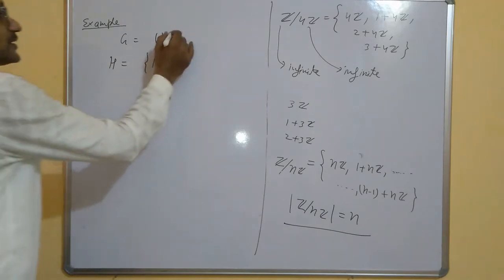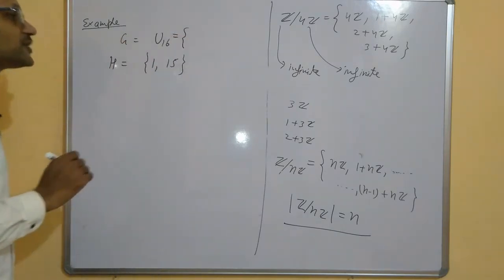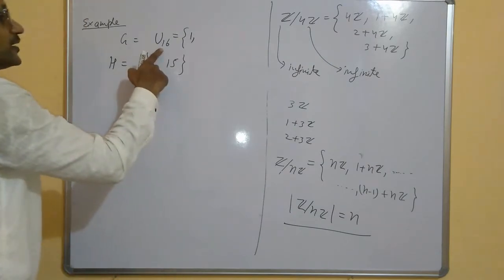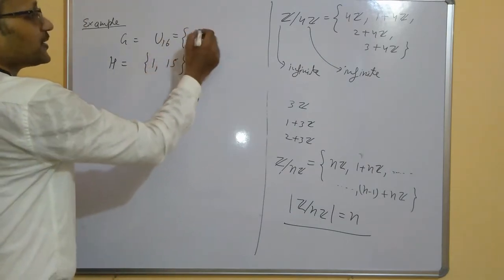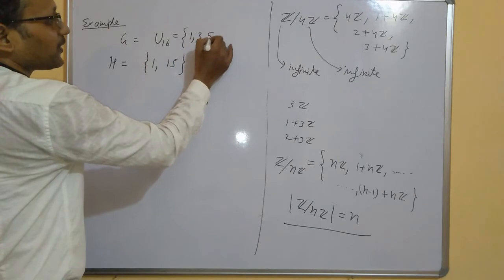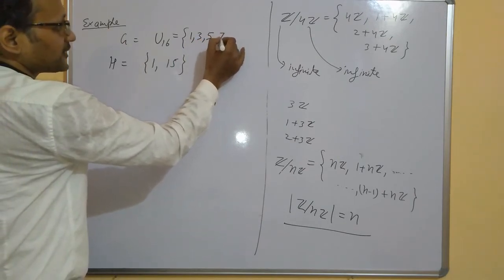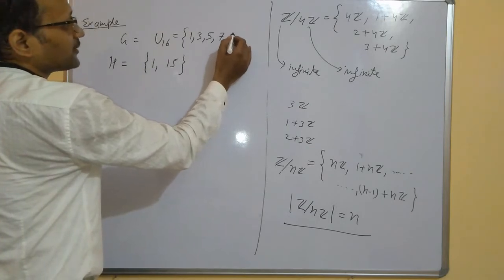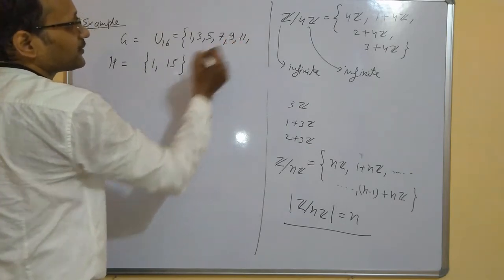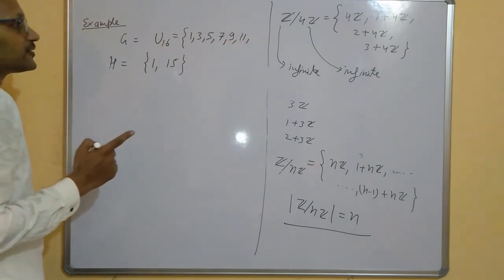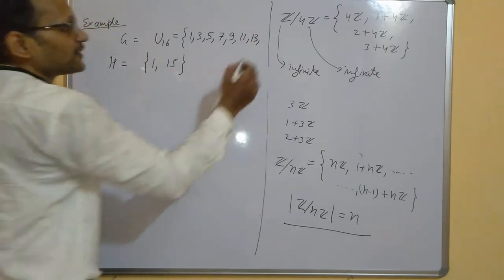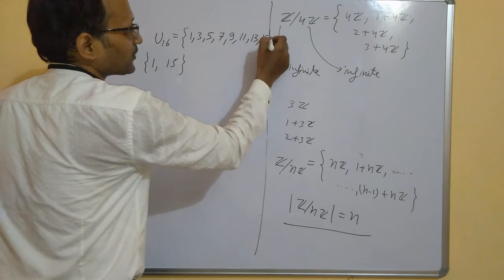If you remember, U16 contains 1; 2 will not be here, 3, 4 will not be here, 5, 6 not here, 7, 8 not here, 9, 10 not here, 11, 12 not here, 13, 14 not here; 15 is here, and 16 will not be here.